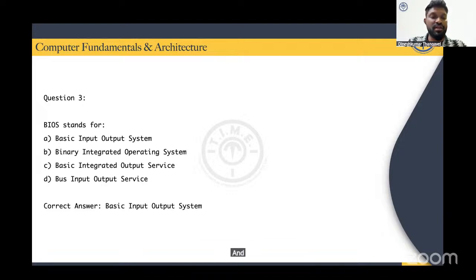And the full form is Basic Input Output System. Why are the other options wrong, right? Binary, integrated, or bus, just confusing words. Only Basic Input Output is the standard expansion. Clear? Let's move on to the next question.